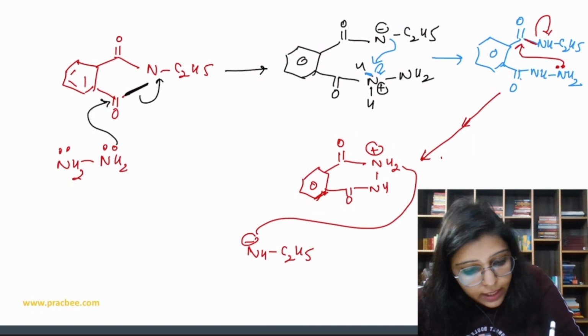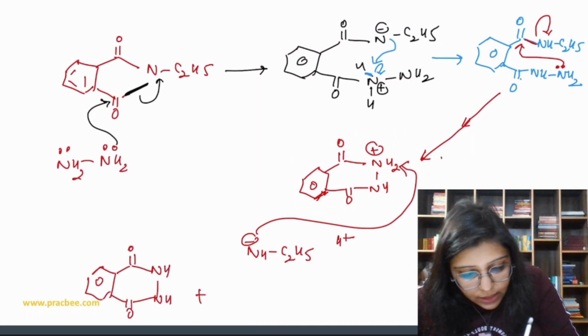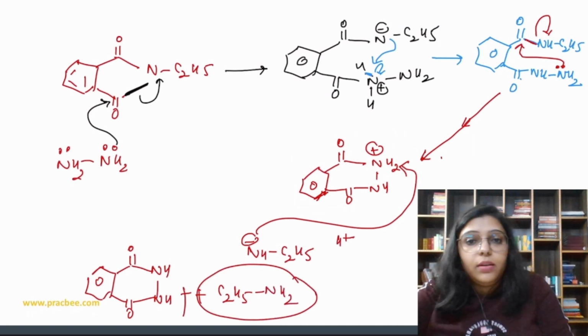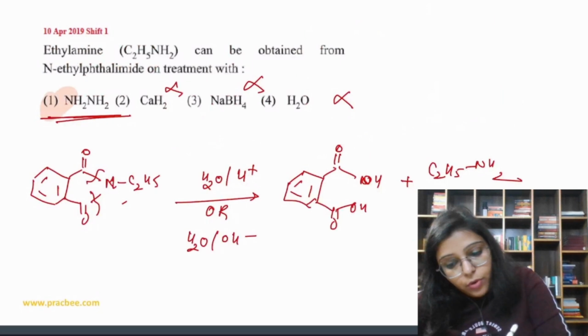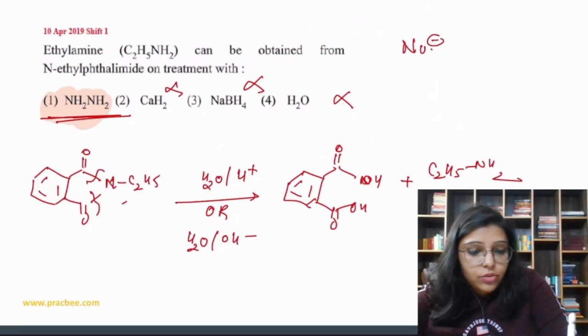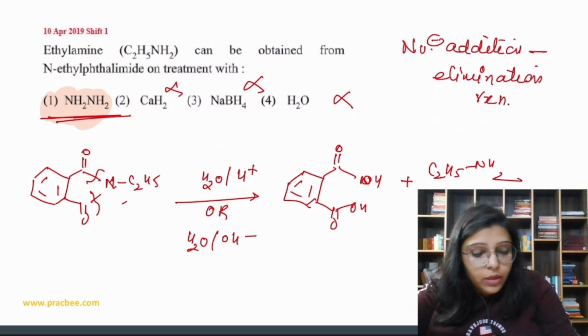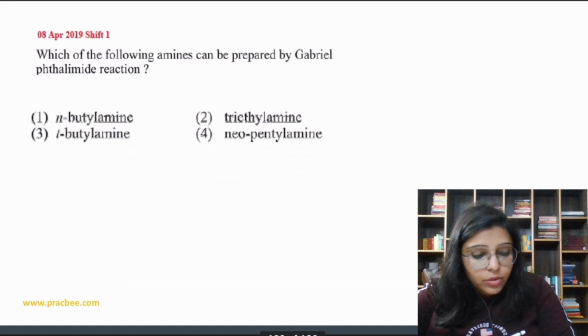Now NH minus takes hydrogen. So we get the cyclic hydrazide plus C2H5NH2. So we can prepare ethylamine from hydrazine. How? By a nucleophilic addition elimination reaction. Now moving on to the next question.